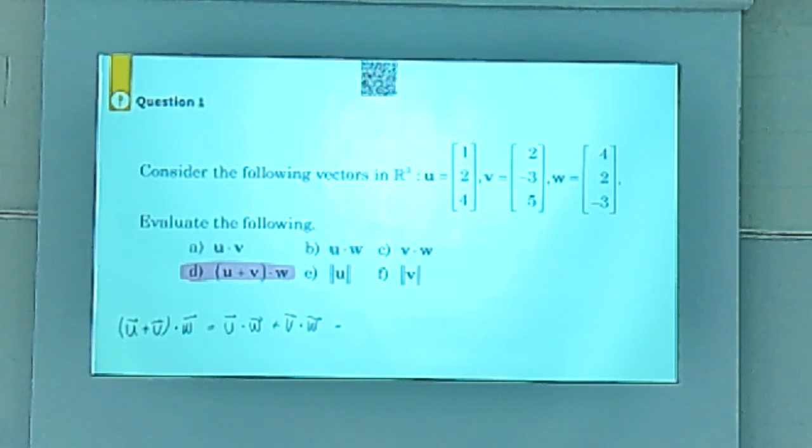Negative 4. And what was V dot W? There's U plus V dot W. I'll let you do U plus V first and then dot W and verify you get negative 17.